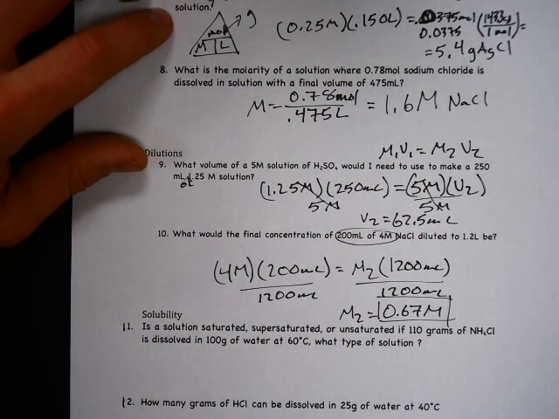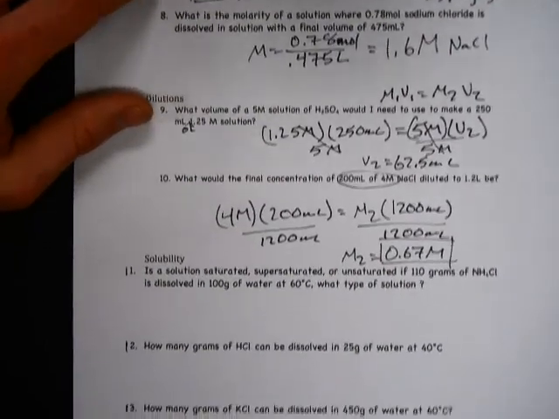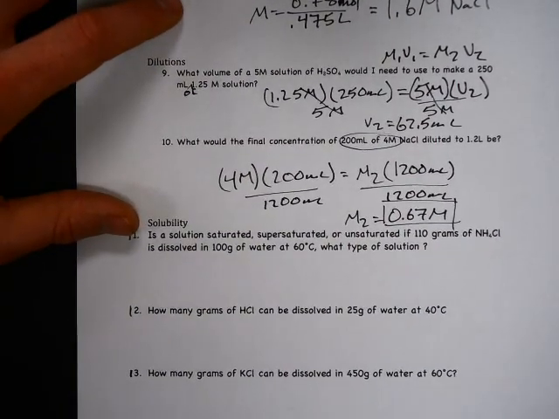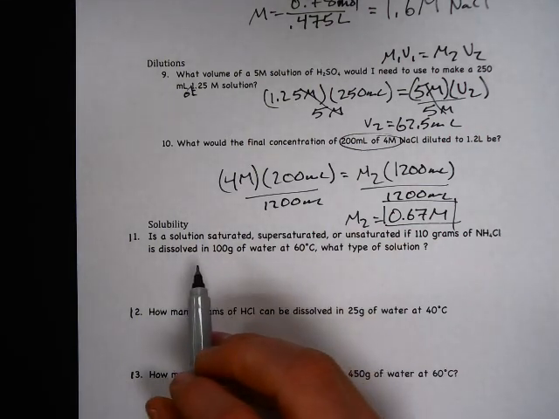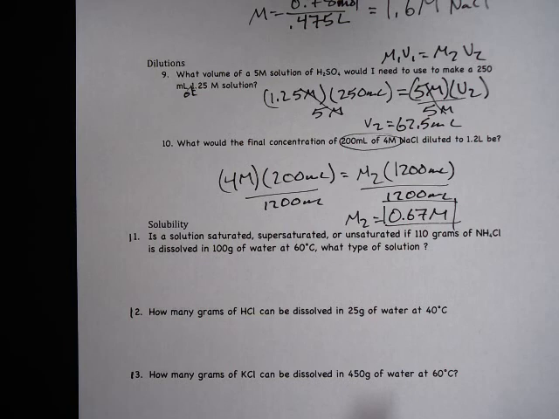So for numbers 11, 12, and 13, I'm going to use the solubility curve I have here, so I'll be flipping back and forth between the two. So this first one, number 11, is asking me, is the solution saturated, supersaturated, or unsaturated if 110 grams of ammonium chloride is dissolved in 100 grams of water at 60 degrees Celsius? What type of solution is that?